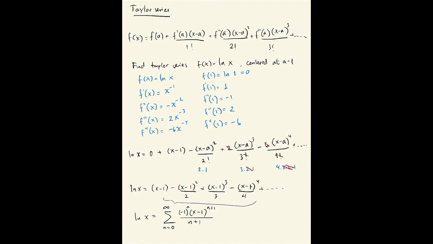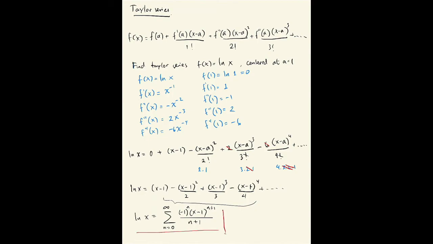Remember center and radius of convergence? Similar. You can also find the radius of convergence from this sum. Sometimes the question is asking what is the radius of convergence, so you can also find it.